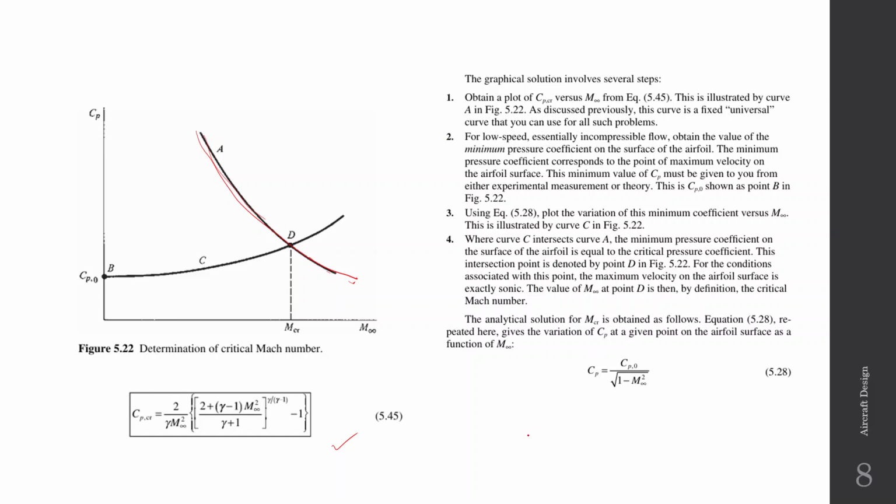CP naught is the minimum pressure coefficient at very low speed. Then you will plot this, and use relation 5.28 to plot the variation of CP with Mach number. This line is dependent on the aerofoil. Wherever these two lines intersect, that is the critical Mach number.